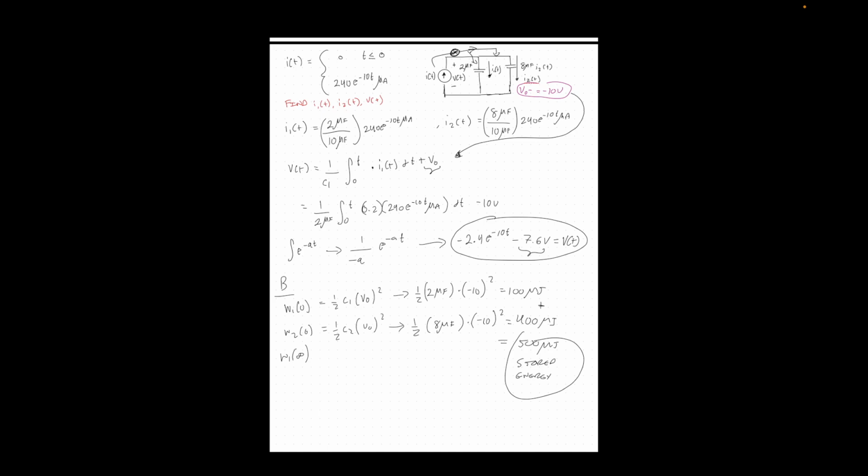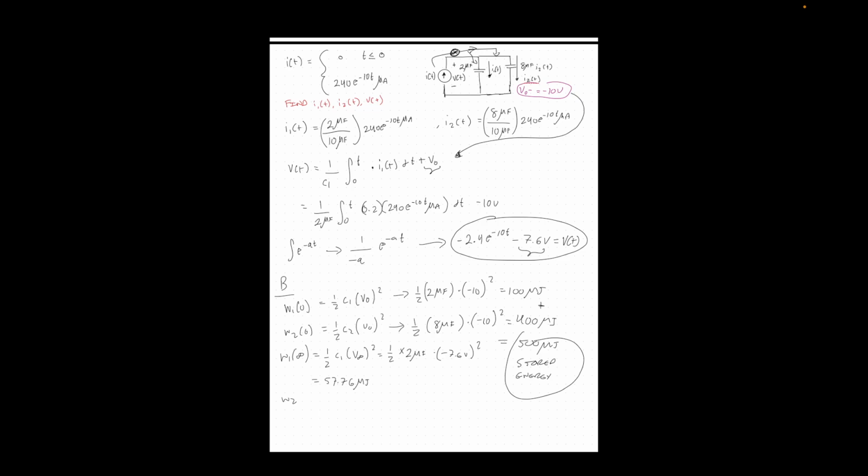So W1 of infinity is going to be equal to 1/2 C1 times V of infinity squared, which is going to be 1/2 times my 2 microfarad times my negative 7.6 volts squared, which equals 57.76 microjoules.